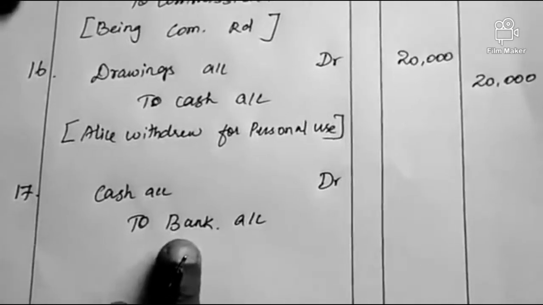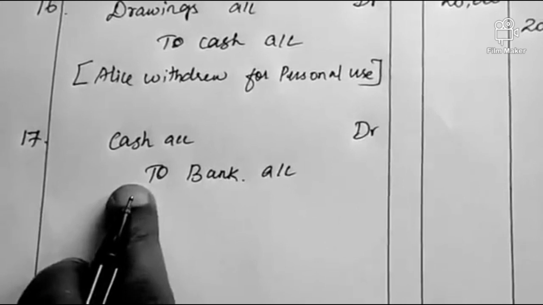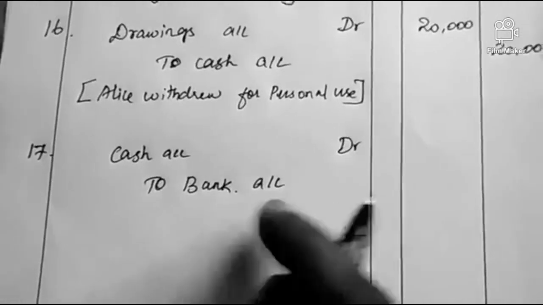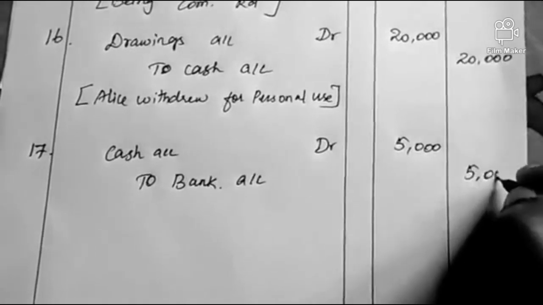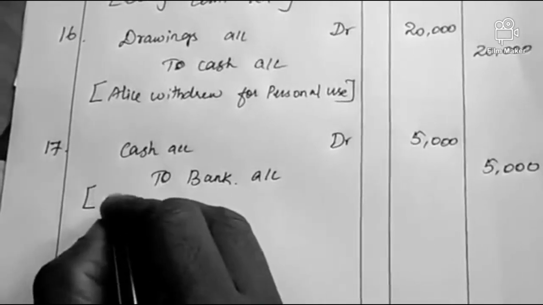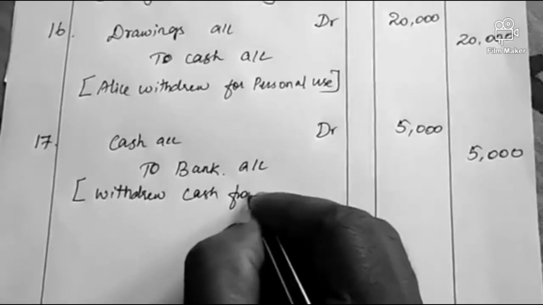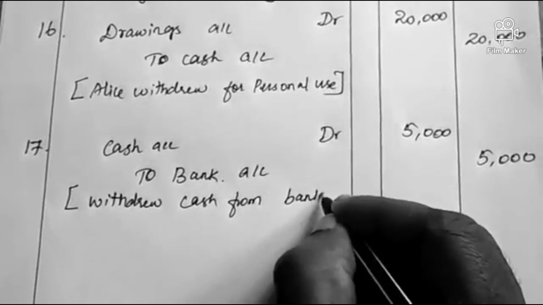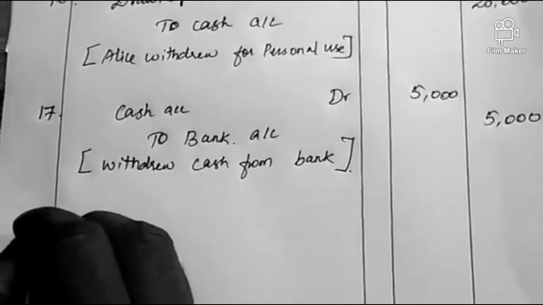So to bank. The personal account rule is debit the receiver, credit the giver. The banker is the giver, no. So just credit bank account. How much? 5,000. Narration: withdrew cash from bank for official purpose. Then next transaction.